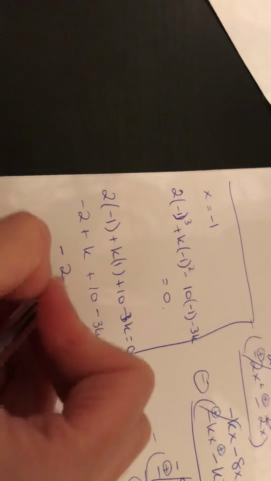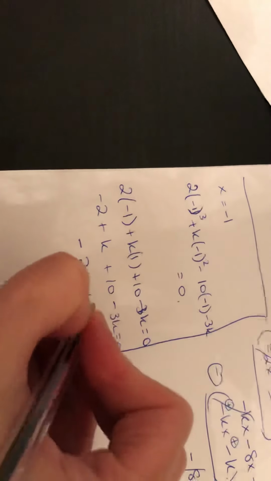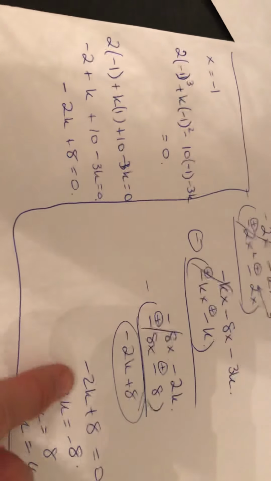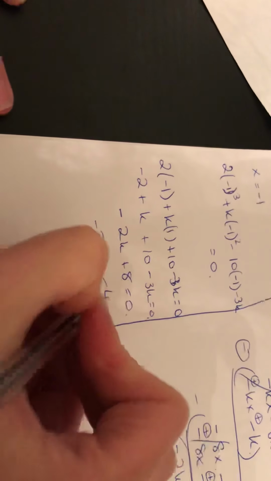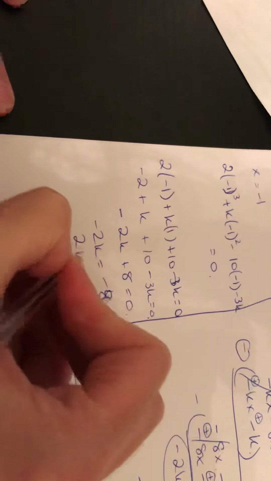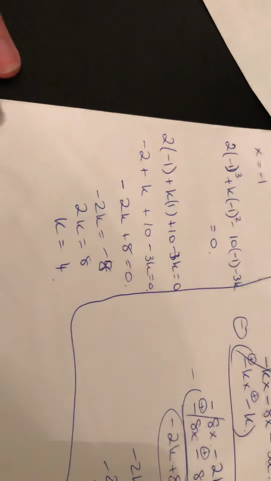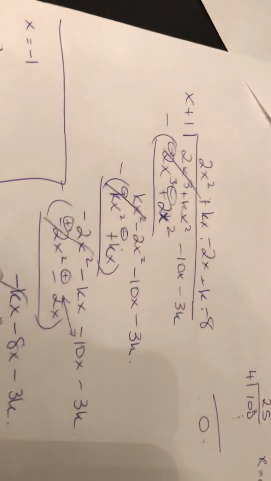Gives me minus 2k plus 9 equals 0. Look, I'm at the exact same point I was over here, except this is much faster. So minus 2k is equal to minus 8, 2k is equal to 8, k is equal to 4. Much faster to sub it in than to be doing all that long division. But it's great practice for your long division.